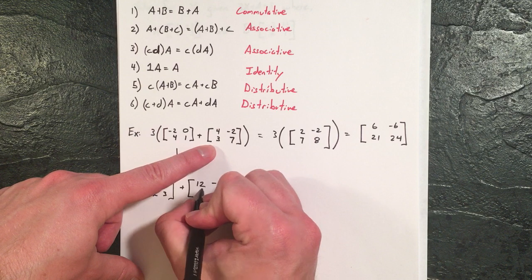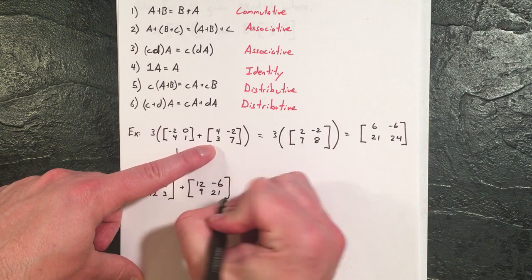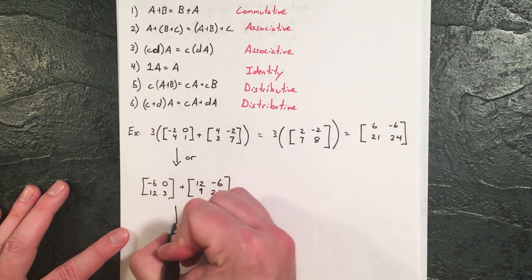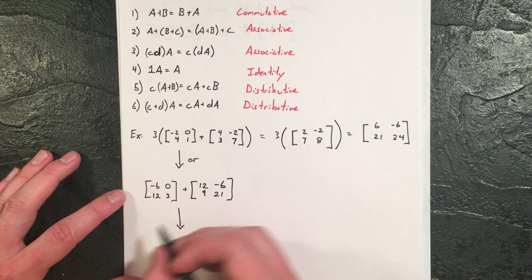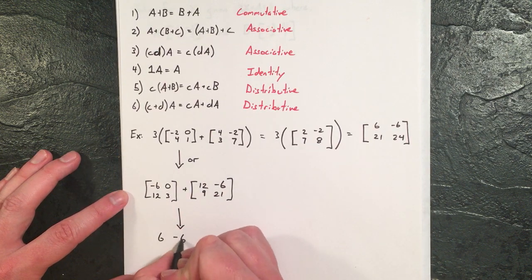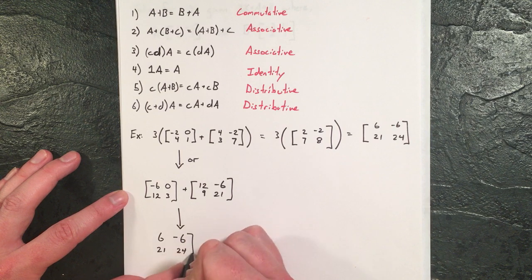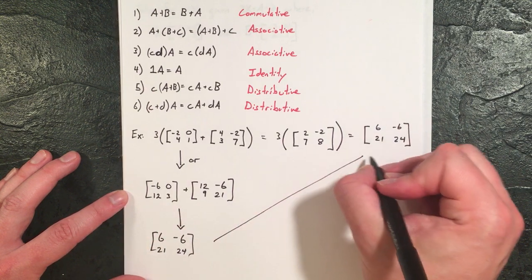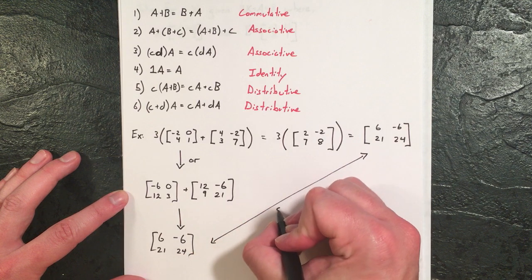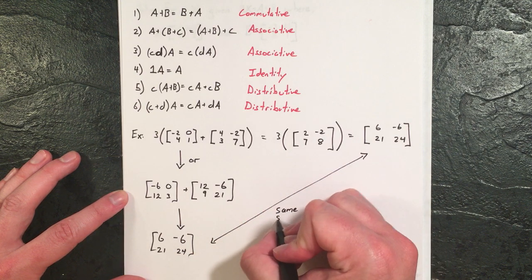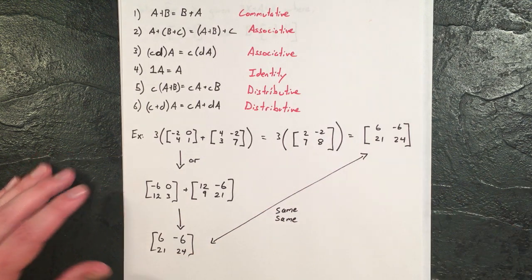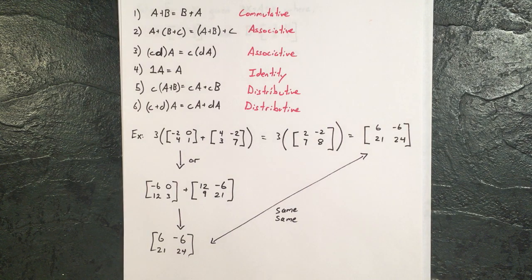Negative 6, 9, 21. Great. And that's going to bring us to 6, negative 6, 21, and 24, which is not shockingly the same thing. Same. No different. Okay, so that's a good thing that it ended up being that way.